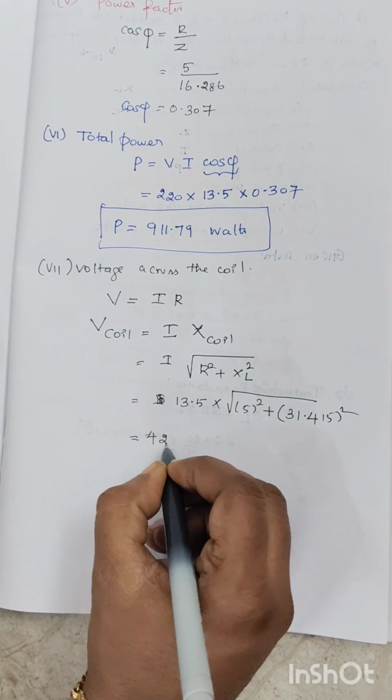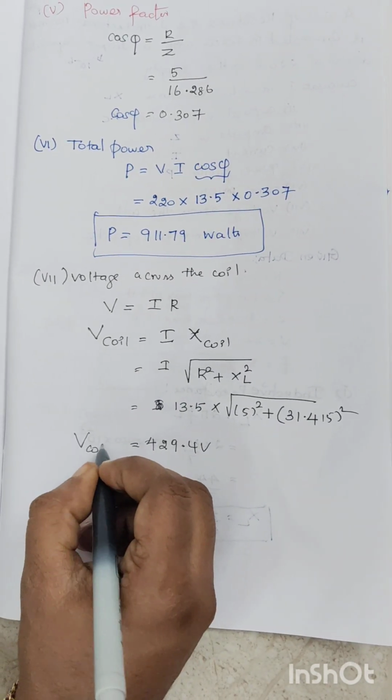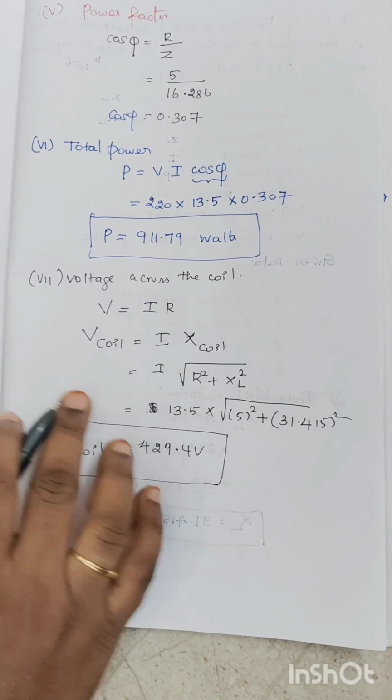The total value is 429.4 volt. That is called V coil.